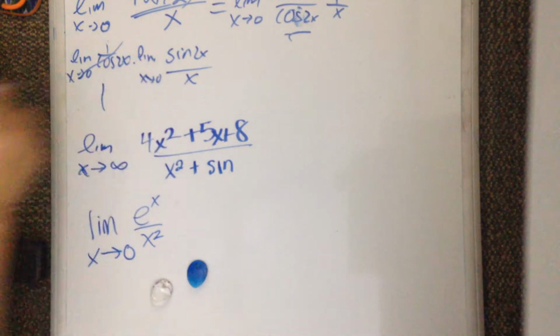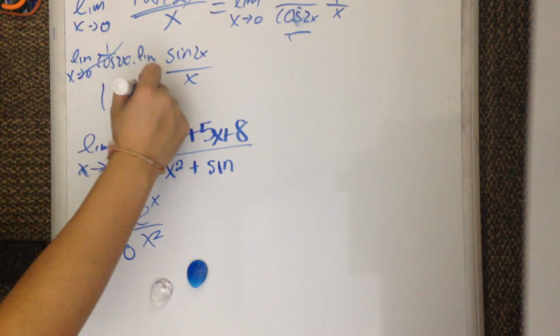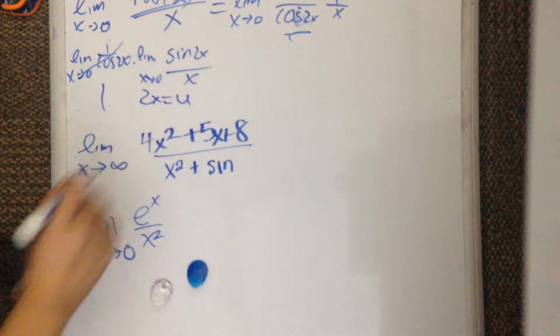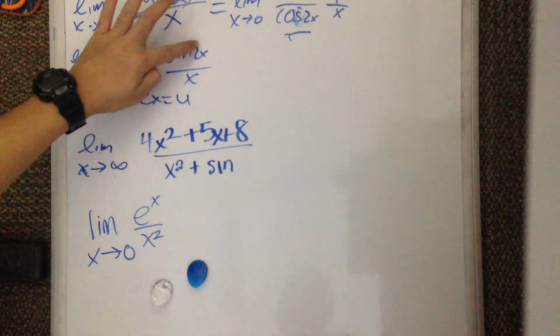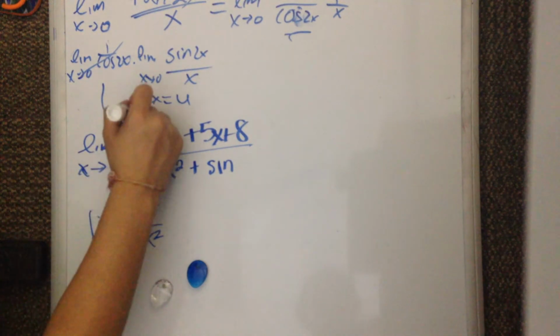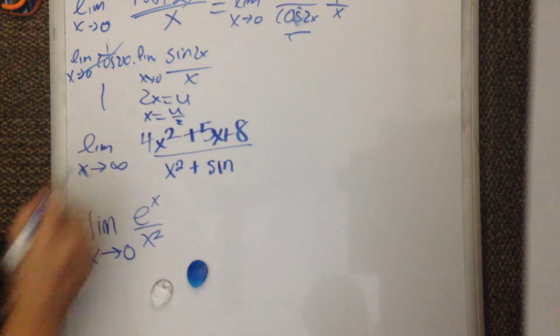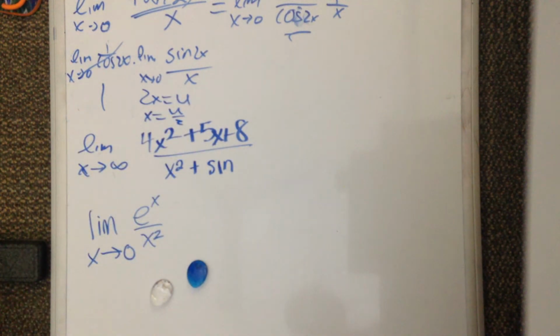We understand sine of x over x because we've memorized that it's 1. So we let 2x equal u, so that we get just one variable in the sine. We rearrange this equation to get x equals u over 2, and then we plug in u over 2 everywhere.